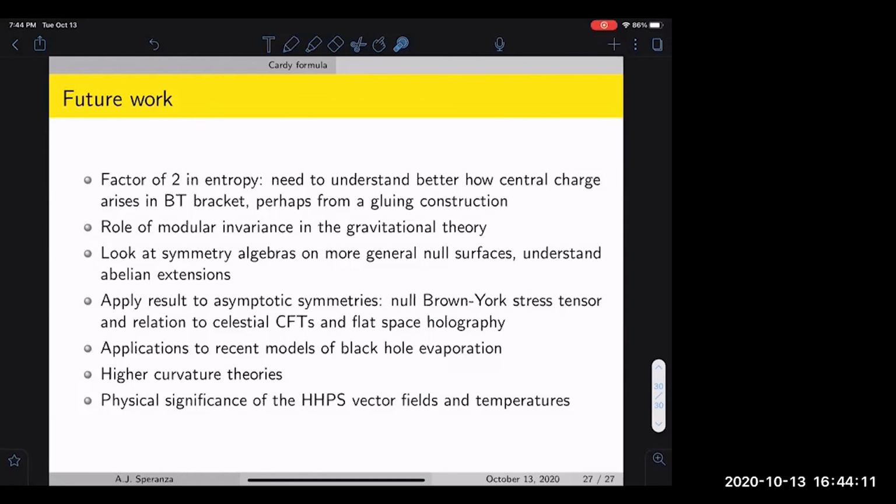Thanks. It's also interesting, just as a comment. When you first introduced that BT bracket, I was very uncomfortable that it wasn't a symplectic form on the phase space of the region. And therefore I wondered what I should expect the algebra to correspond to. It's not a symmetry algebra just of the system inside the region, and therefore its representations and counting of states wouldn't necessarily be counting the states just in the region.